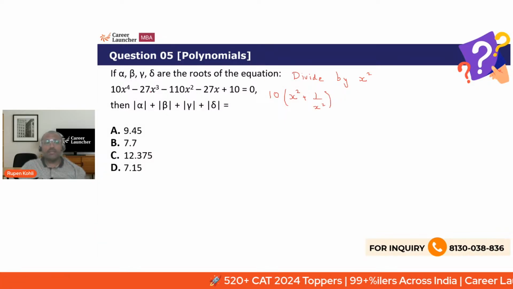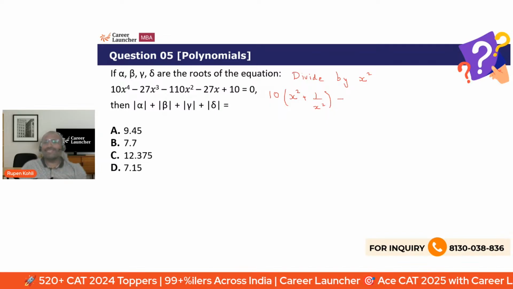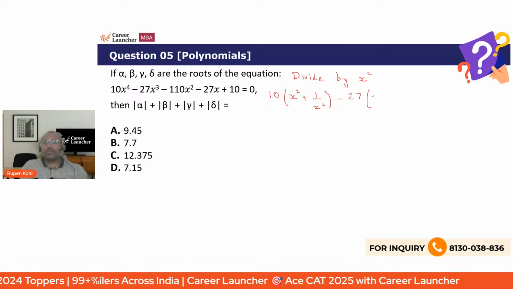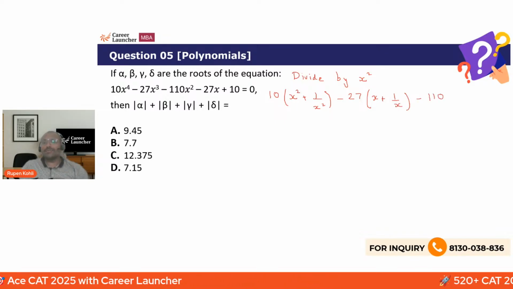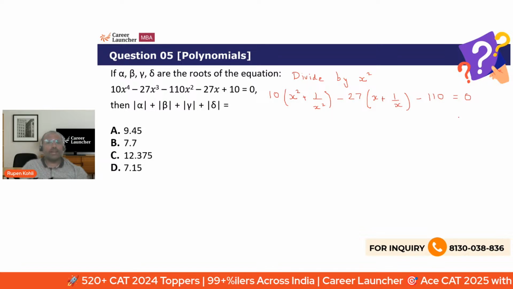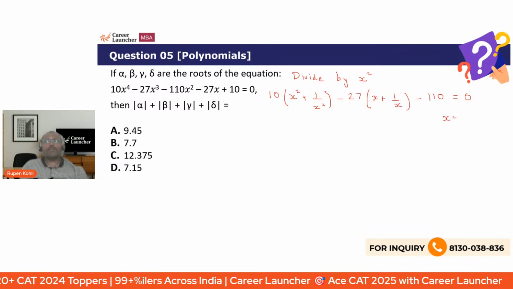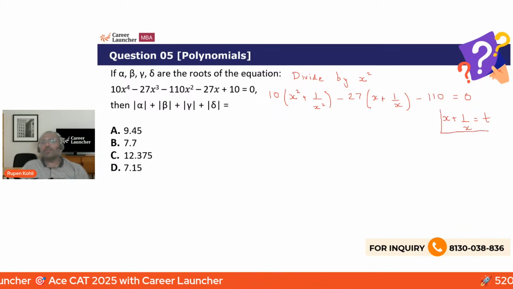Likewise, you have minus 27x and minus 27 by x, so minus 27 of x plus 1 by x. And the minus 110 x square becomes the constant term, minus 110, equal to 0. All right, do you see what we can do over here? I hope you can understand. The substitution required is to take x plus 1 by x as a variable, called t.